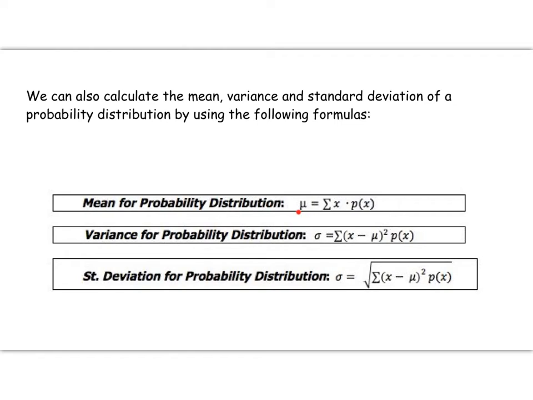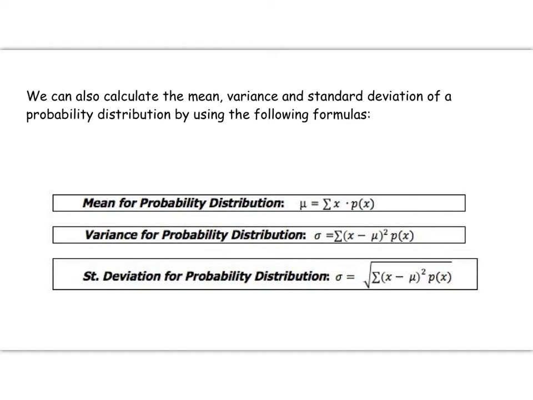This symbol here is the mean. So it's equal to the sum of my value, that's the x value, times the probability of that value. And then the variance, this is the symbol for variance. That's the population symbol. If I were talking about sample variance, that's s squared. This should have a square next to it. So in your notes, looks like there's a typo.